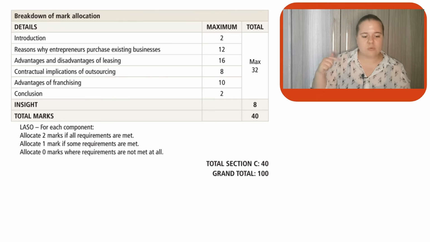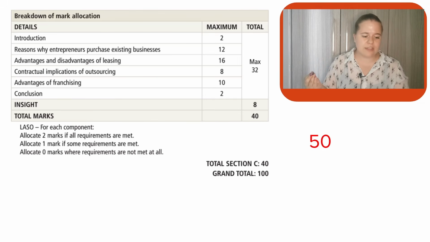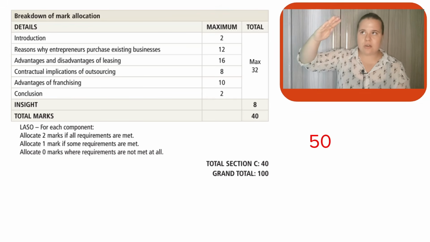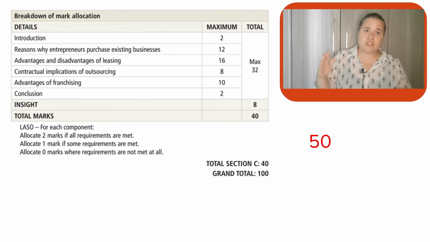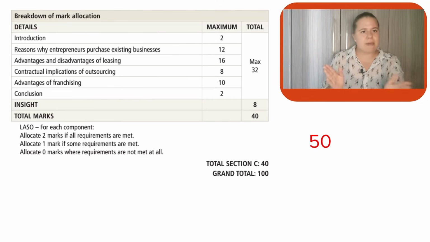Now do you see there 12 marks, 16 marks, 8 marks, 10 marks. It's quite different from question 5. You can go back in the video to compare the two, but the maxes are quite different. Add those all together and you're getting a max of 50 marks again. So if I mark all the maxes, the student may receive 50 marks, but then I max it at 32.